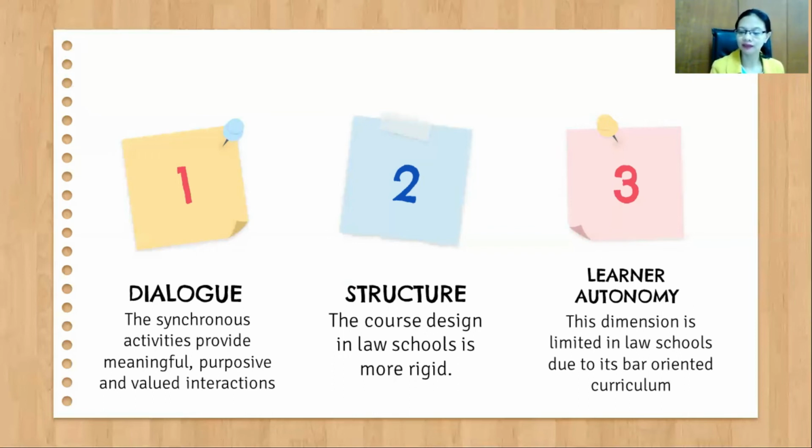And in law schools, since it's really bar oriented, meaning the curriculum and the course design are all anchored on how the bar examinations are being conducted, there is really limited learner autonomy.